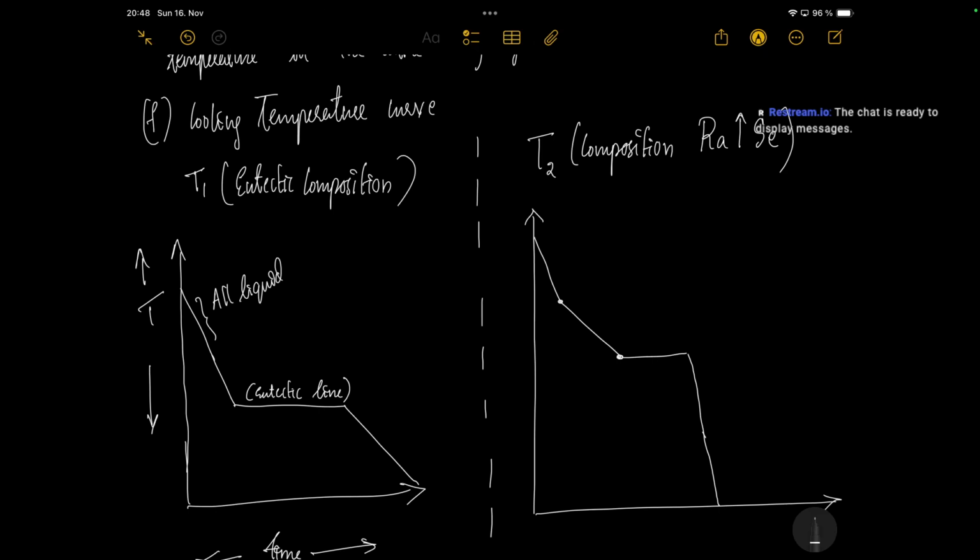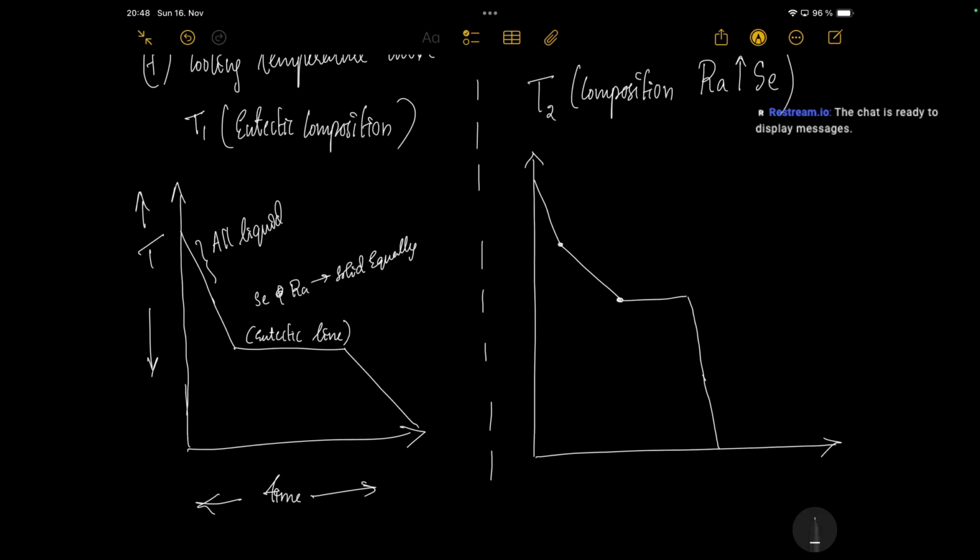All liquid. Se and Ra solid equally. Why does the temperature stay the same?